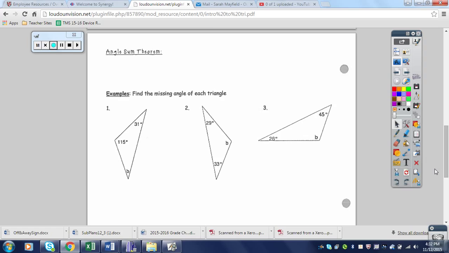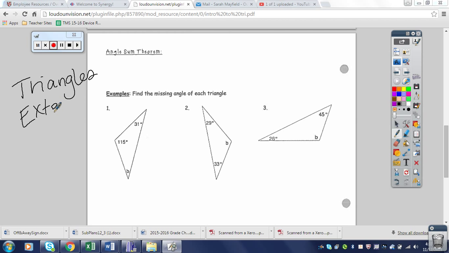Okay. Now, before I say this, you need to make sure that in your table of contents, everybody flip to your table of contents. You want to end your constructions unit, and the next section is called Triangles Existence.